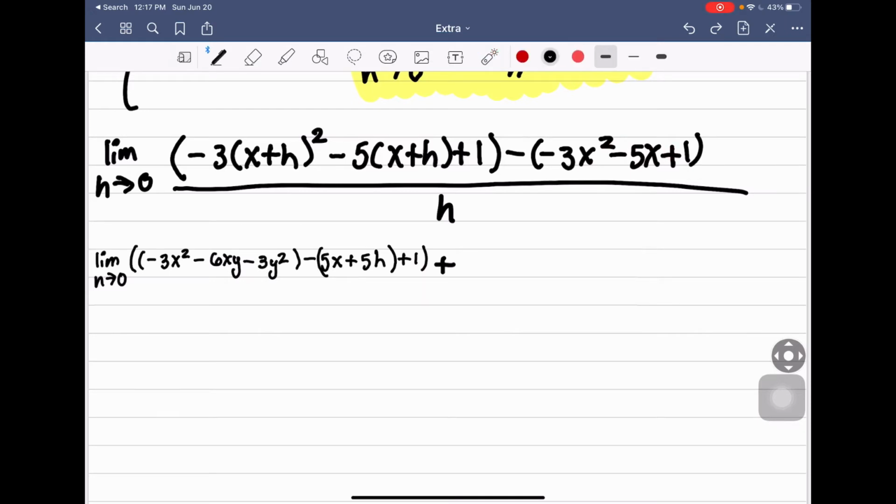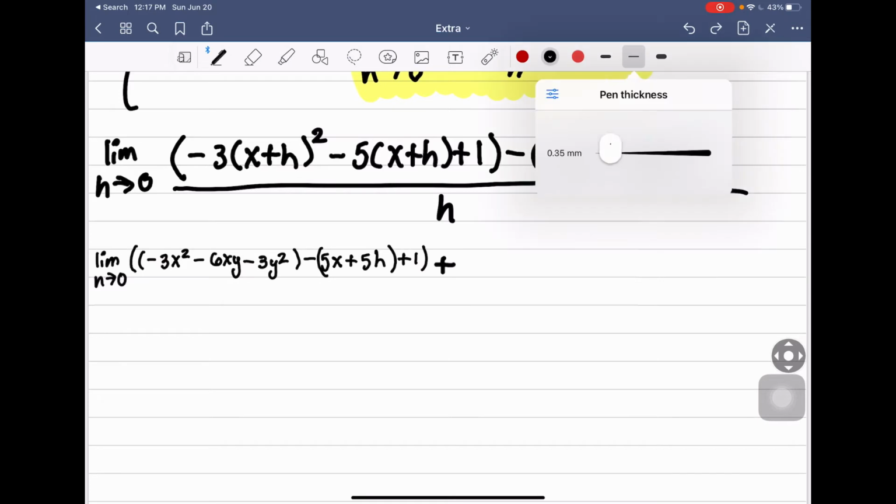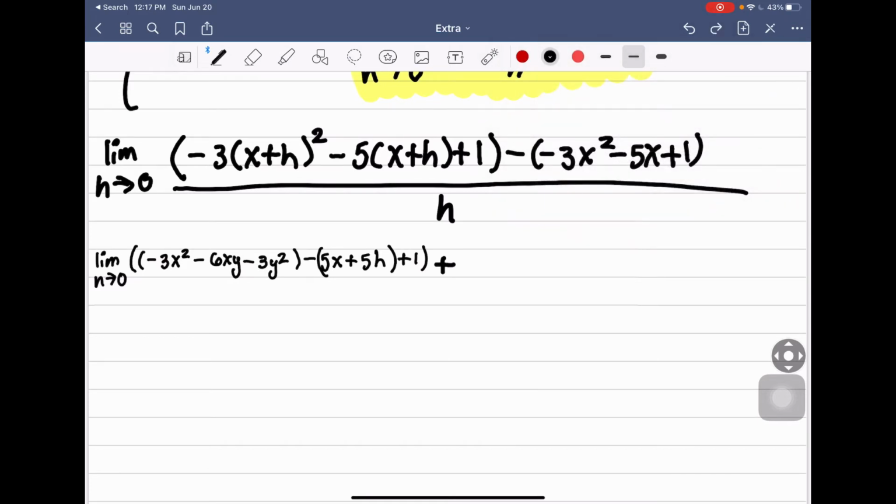So plus 3x squared plus 5x minus 1, and we're going to do that all over h.